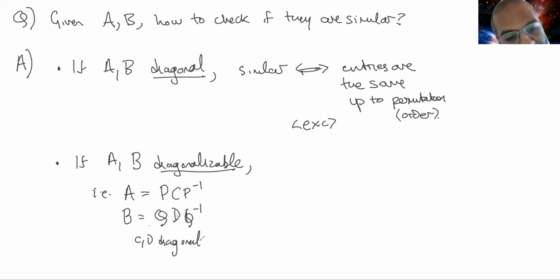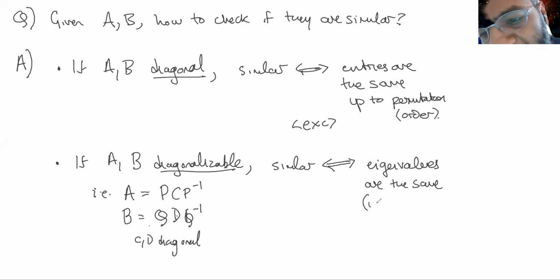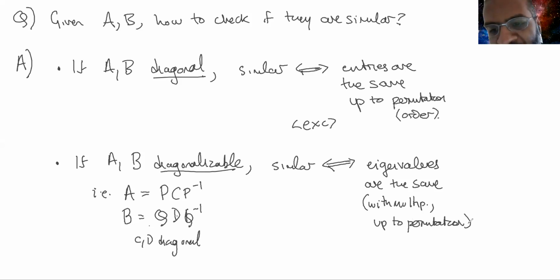Well, again, it's an exercise to check they're similar if and only if the eigenvalues are the same, and that means with multiplicity, and again, up to permutation. So what's the proof of that? Well, I might as well tell you the proof.